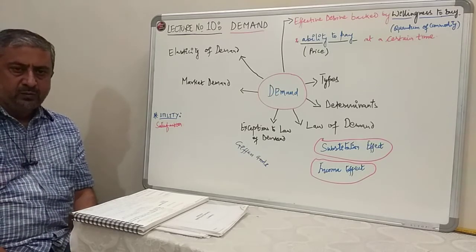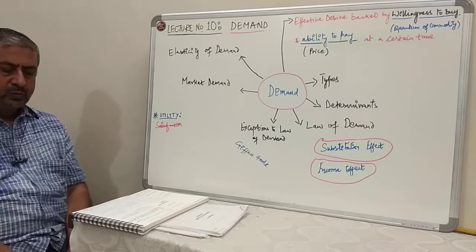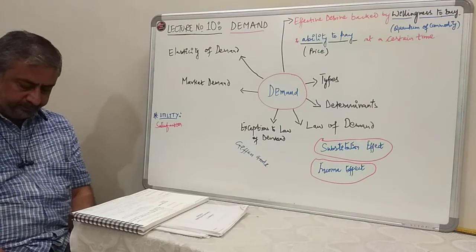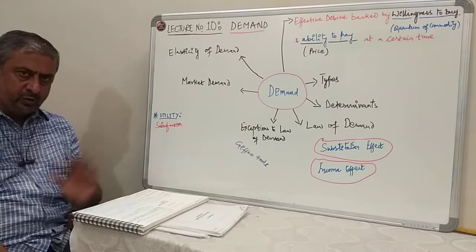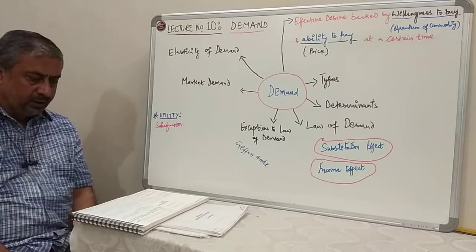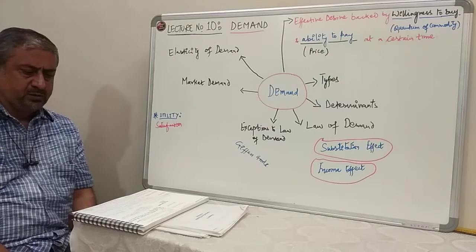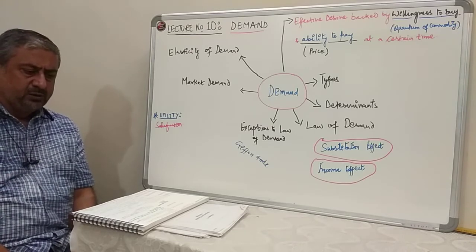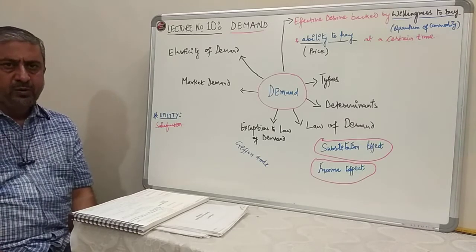Price comes down, and then also there is not going to be demand. There are these kinds of goods, like cheaper goods.